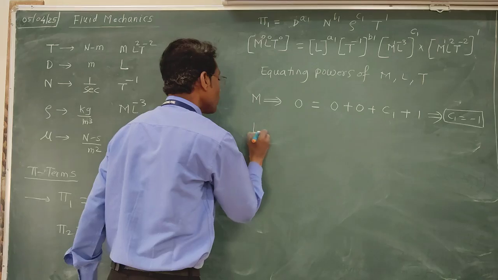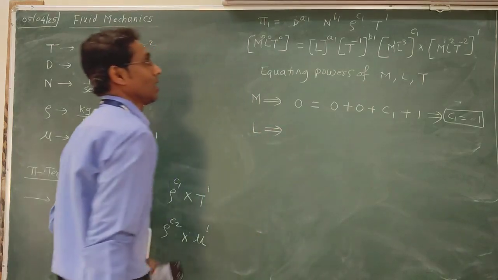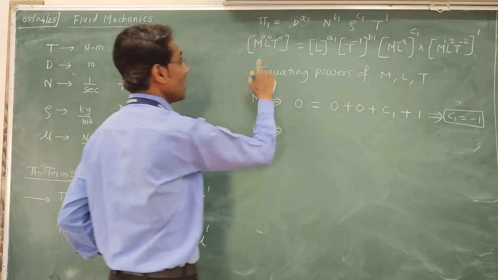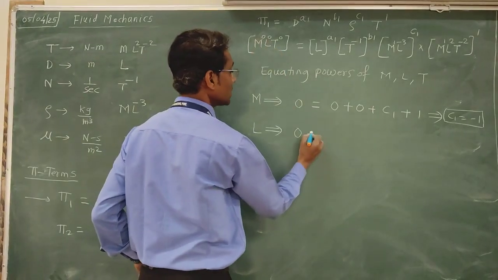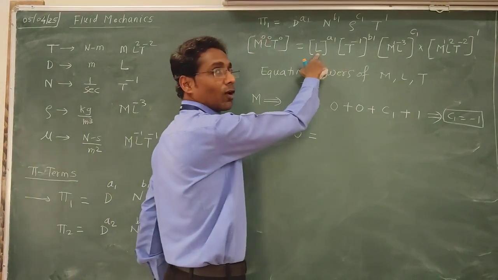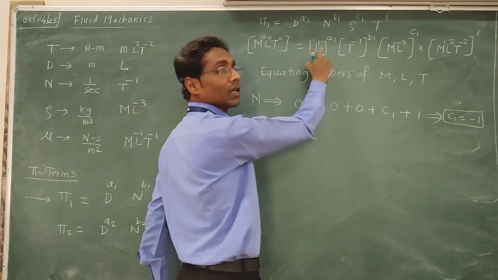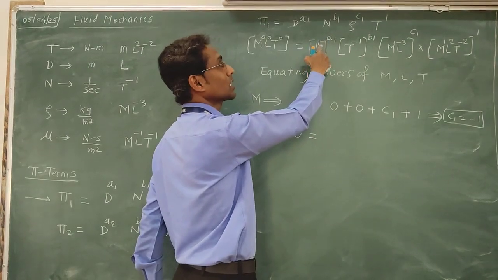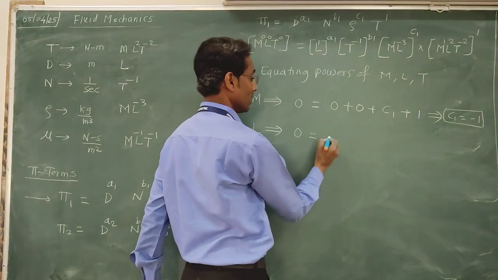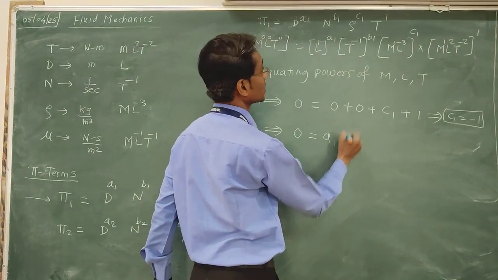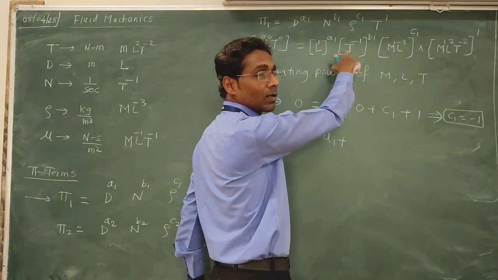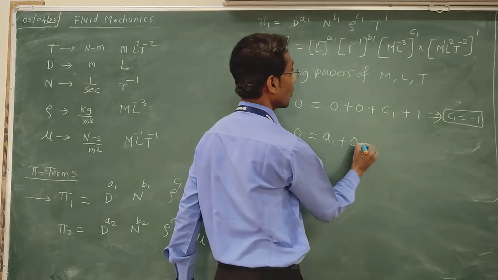We have to write now for L. How to write L? See, on the left side, the exponent of L is 0. Here L is present with exponent 1. 1 into A1 is A1. Plus here L is not present, 0.